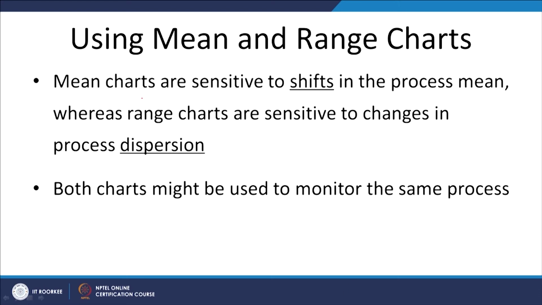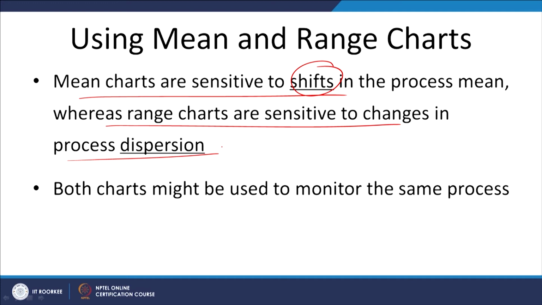The mean control chart is sensitive to shifts in the process mean, while the range chart is sensitive to changes in the process dispersion. When the process mean shifts, that can lead to an out of control situation, and when the dispersion shifts beyond the acceptable limit, that also can lead to an out of control process. Both control charts should be used to monitor the process.